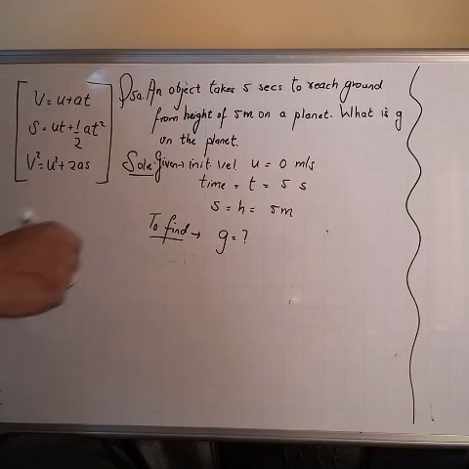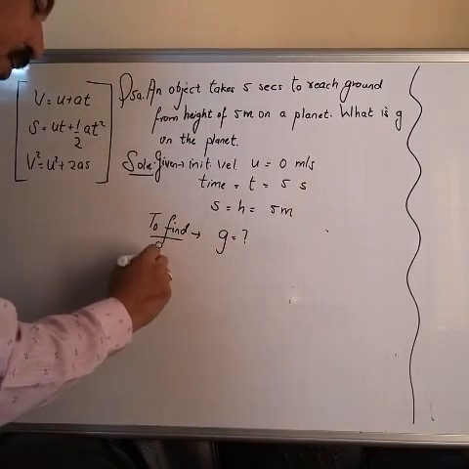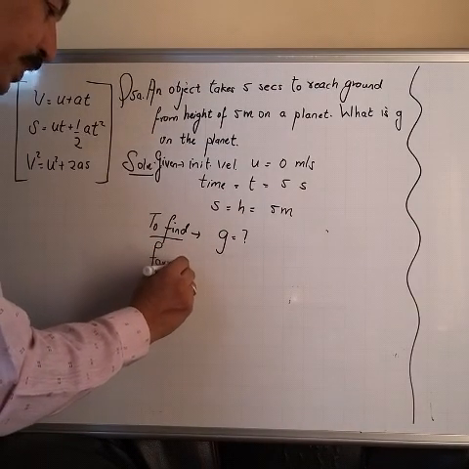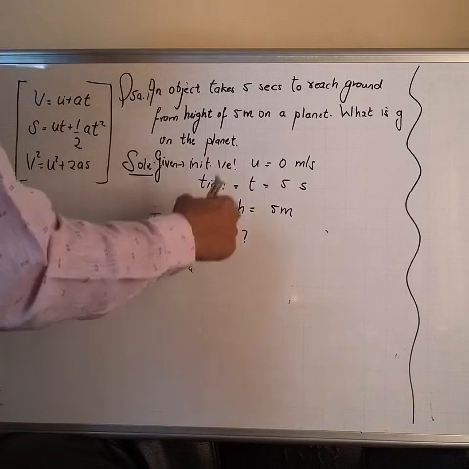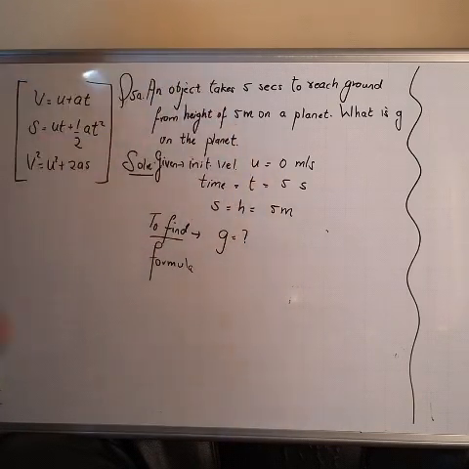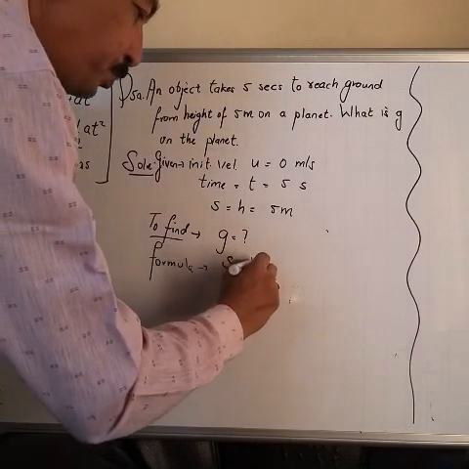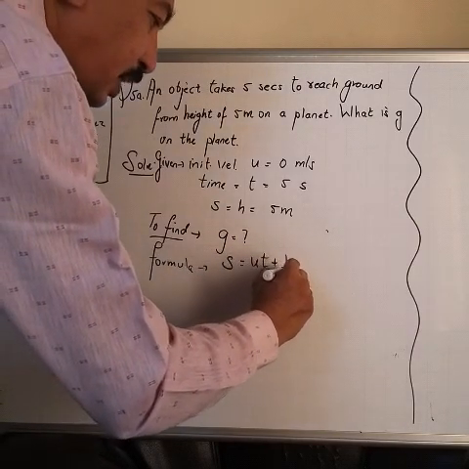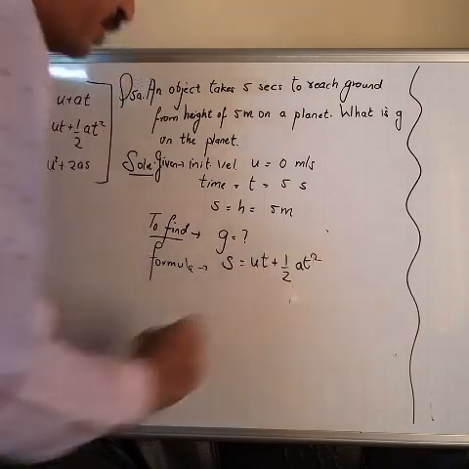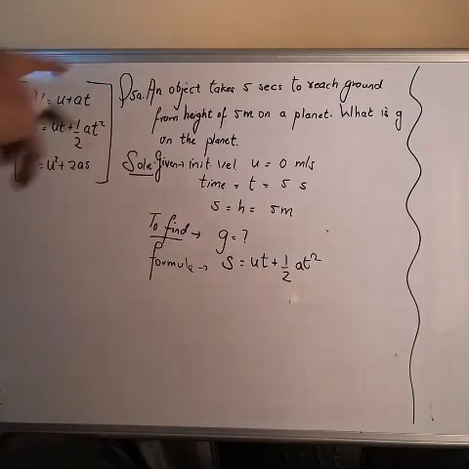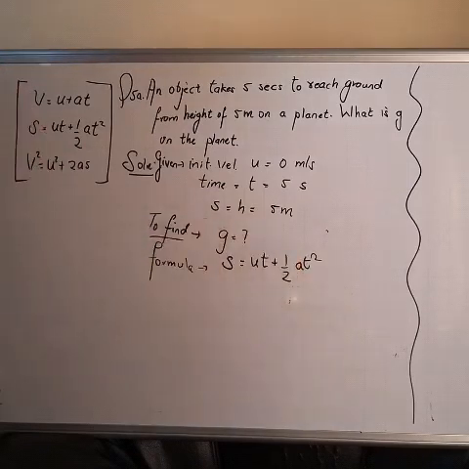Now, the formula which I will use over here, in which I will get a, s, t as well as u, is s equal to ut plus half at square. Now, I'll substitute the values.